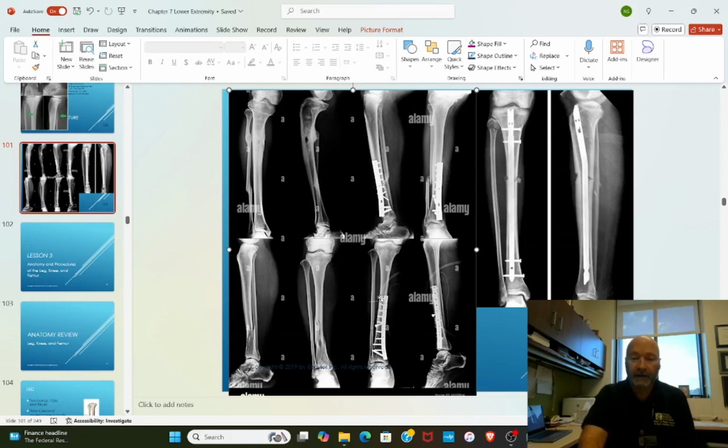The reason for that is that if this is a follow-up exam, or worse still, this patient was in an accident after having this repair done, the most likely place that that tib fib is now going to break is right above that plate.